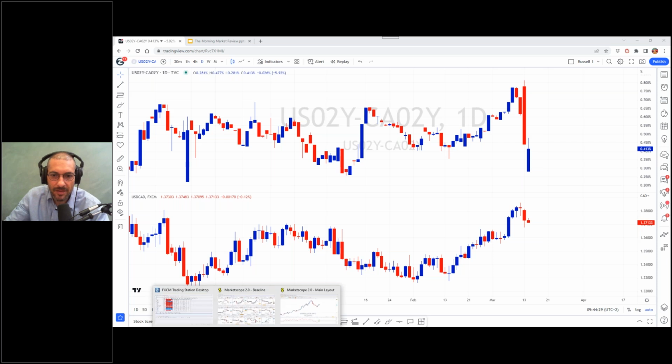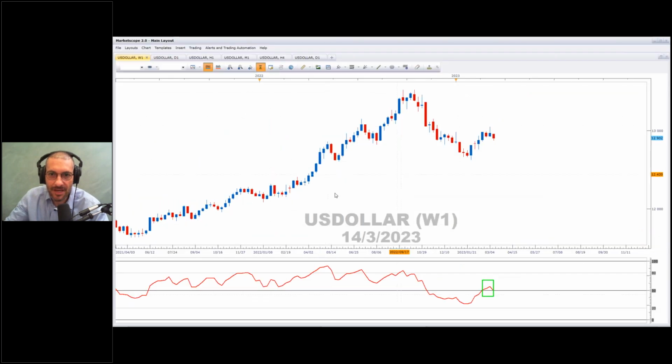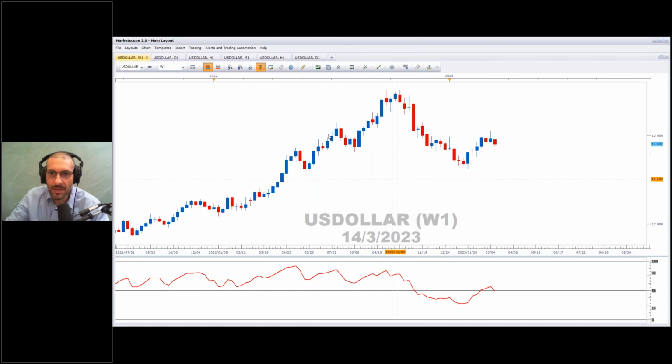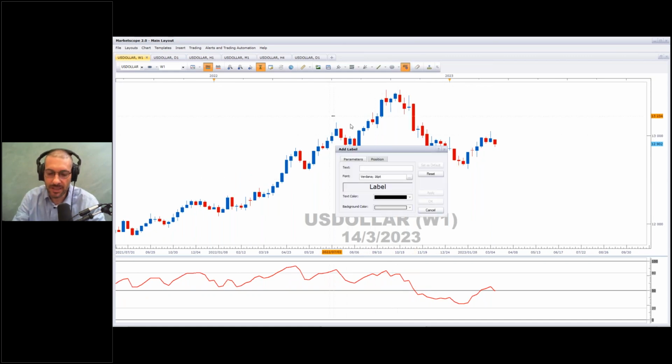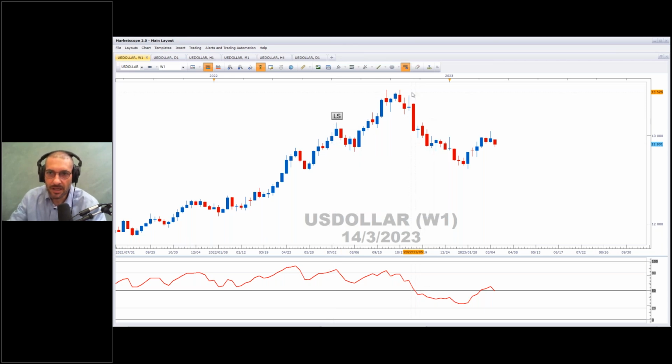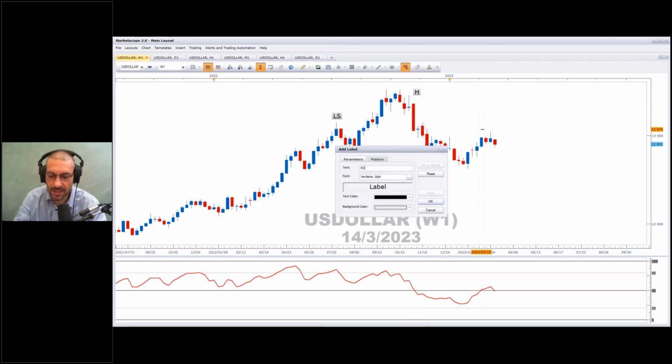Now, another picture that is in development is the US dollar. I want to do a top-down analysis here. This is very speculative, what I'm going to propose to you, but watch the labeling that we're going to put in here. So we'll put in the left shoulder over here. We'll put in the head over here. And we'll put in the right shoulder question mark here.